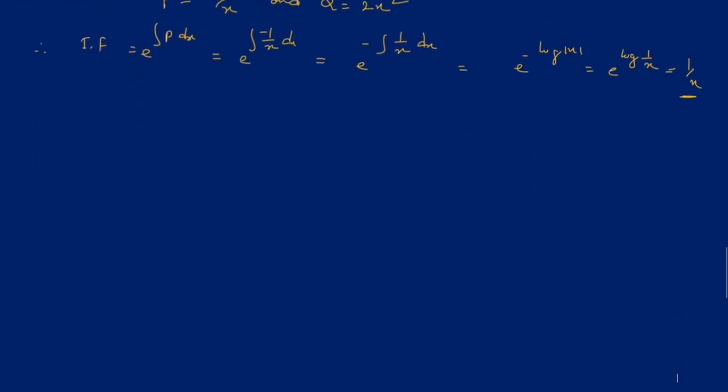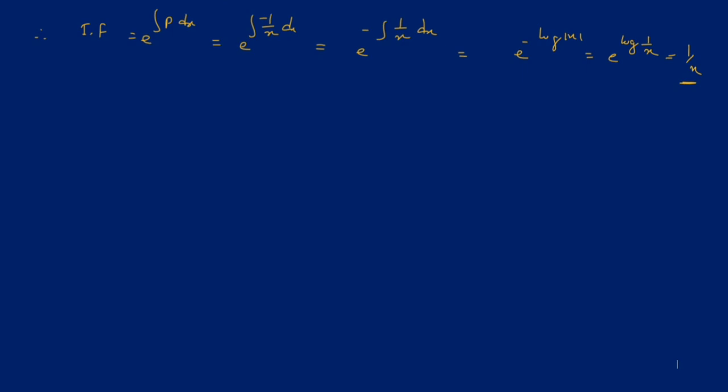So now multiplying the equation by 1 by x, that is the integrating factor, we get 1 upon x dy by dx minus 1 upon x square y equals 2x.